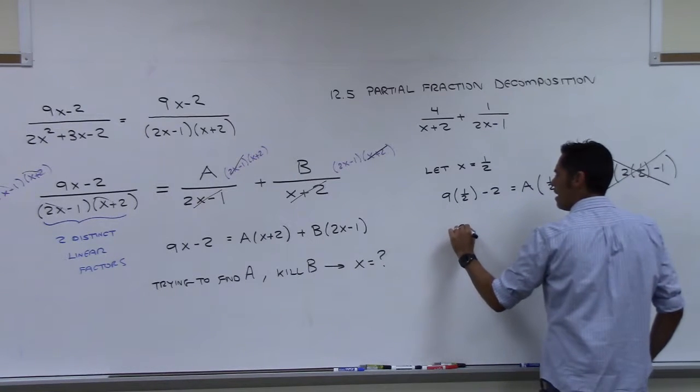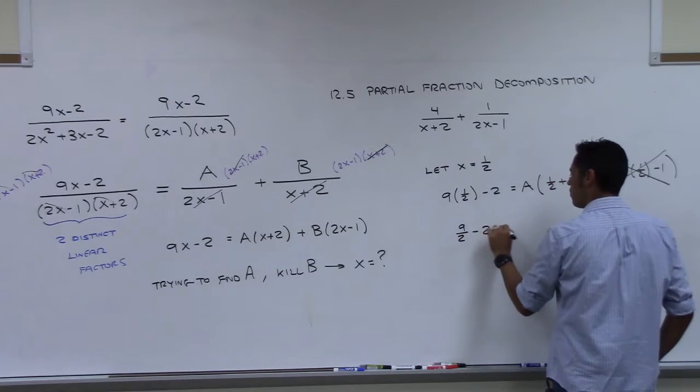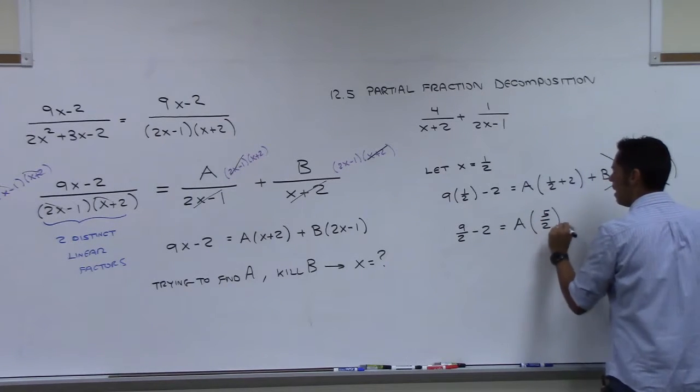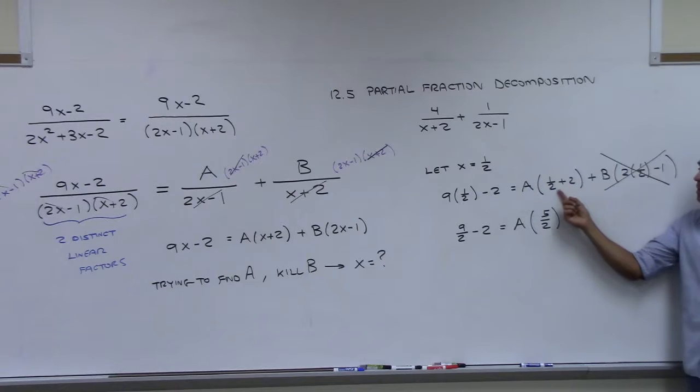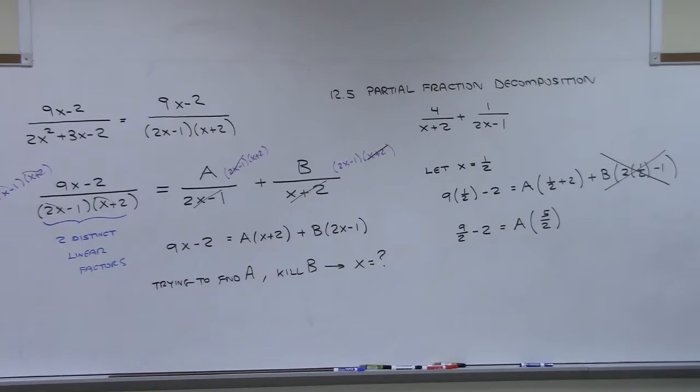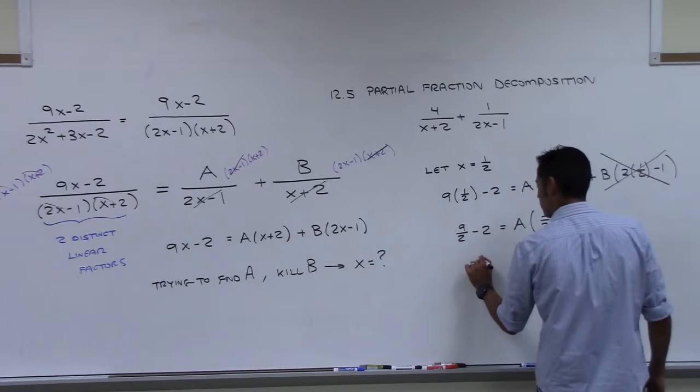So this is going to be 9/2 minus 2 equals a times 5/2. I went ahead and I had to get a common denominator here. A half plus 2 is the same as a half plus 4 over 2, which is 5 over 2. So I'm trusting you can add fractions. And over here, what's 9/2 minus 2? That's also 5 over 2.